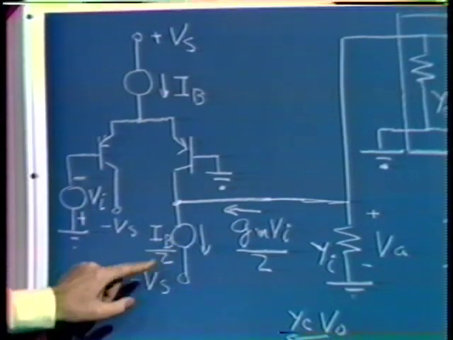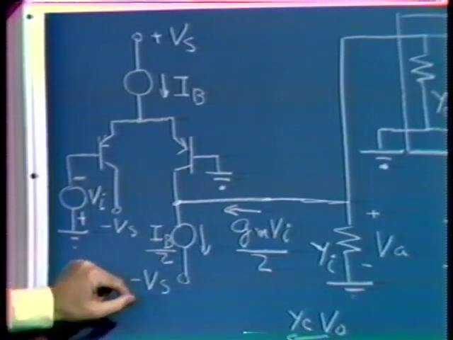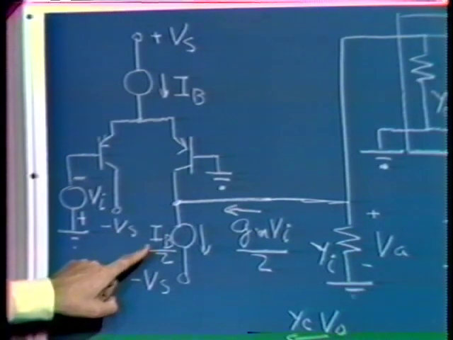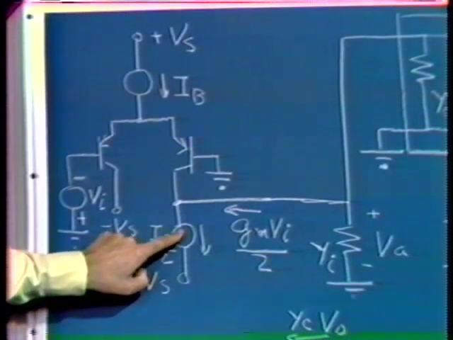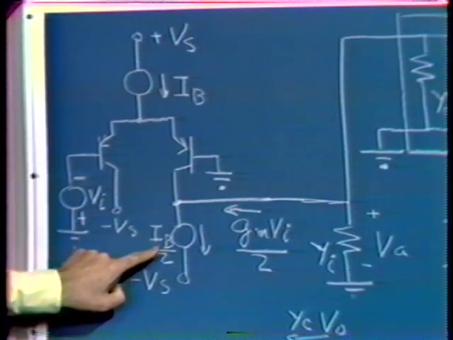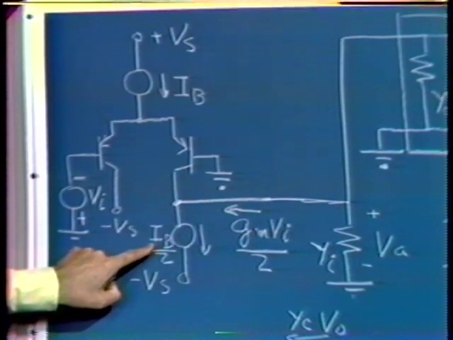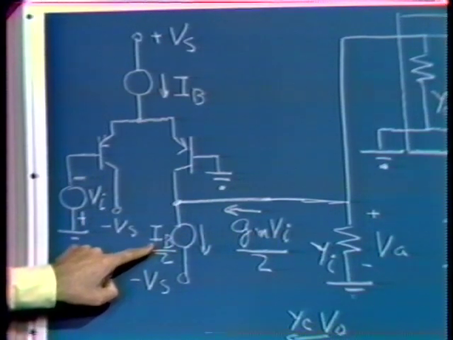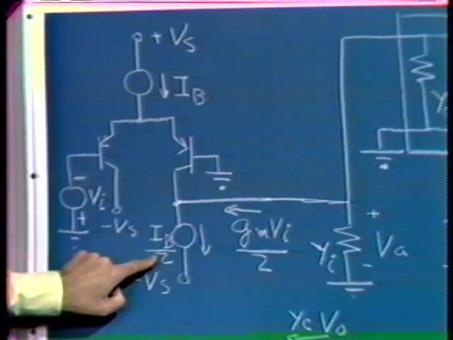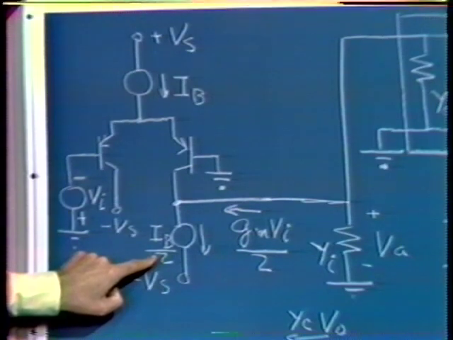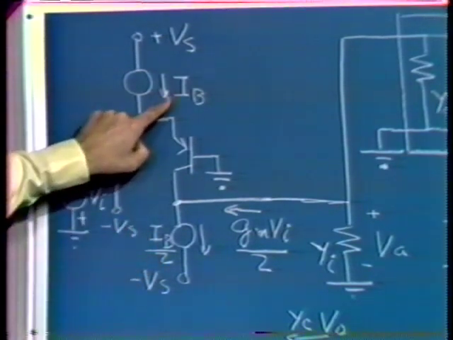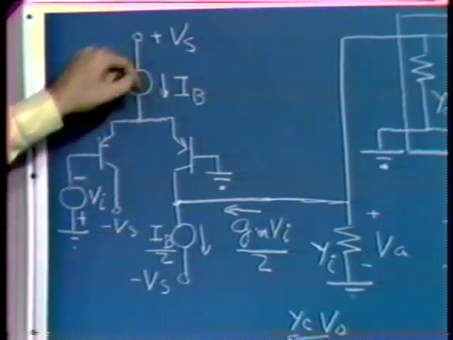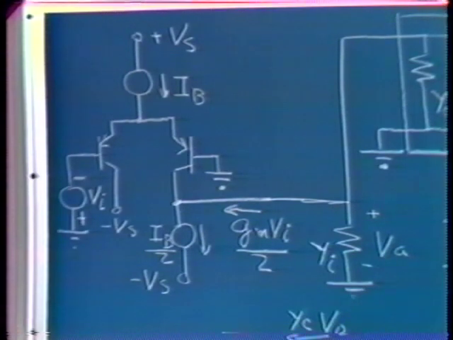And again, in a little distortion of reality, but one that does lead us to the correct result, I assume that the first stage is loaded with a current source, in fact, a fixed magnitude current source. What we generally do would be to select this current source to have a value 1/2 of the current used to bias the entire first stage.